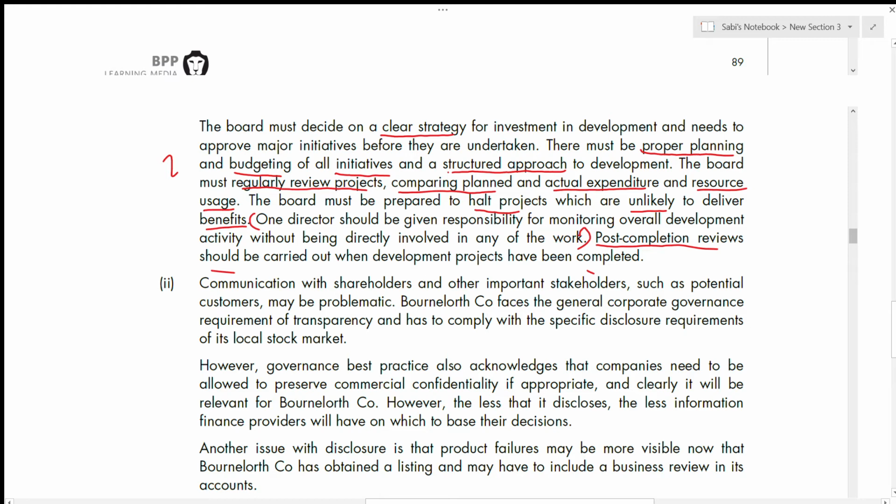If you're very good in project management, you will be good in answering this part as well, right? So when you study something, maybe under SBL, try to link it. This is how you link it and you can use it in your AFM as well.